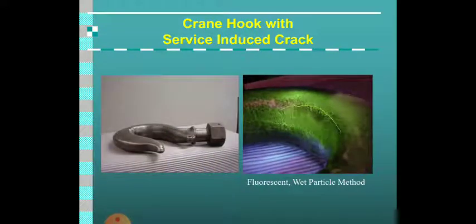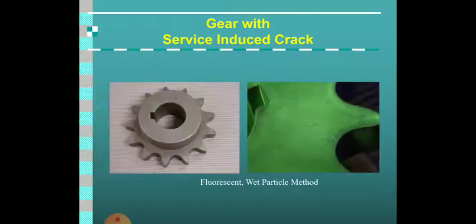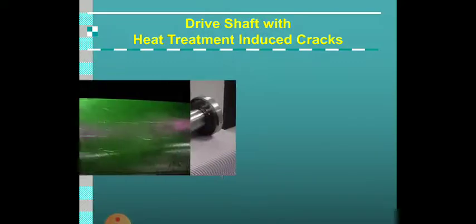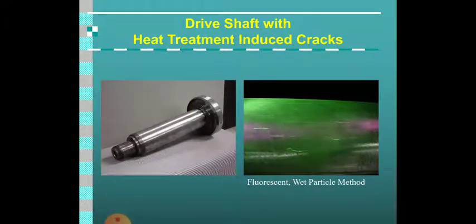So this is the interpretation of the test results that is showing over here. As you can see, there is a fluorescent wet particle method applied on parts. There is a crane hook with a service induced crack, and this is a gear drive shaft with a heat treatment induced crack.